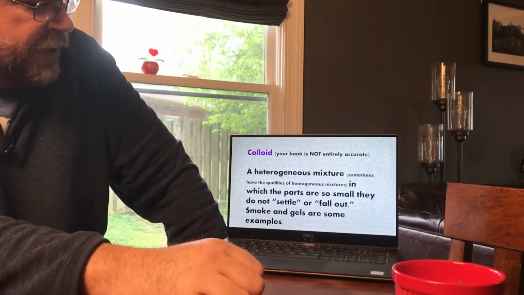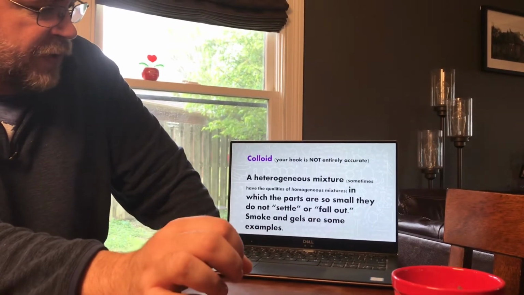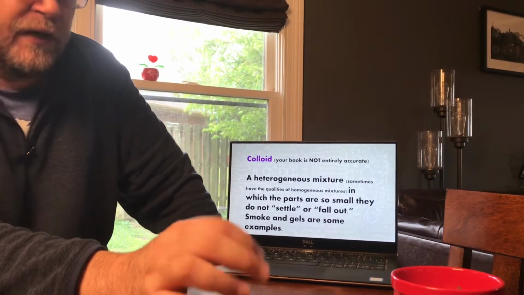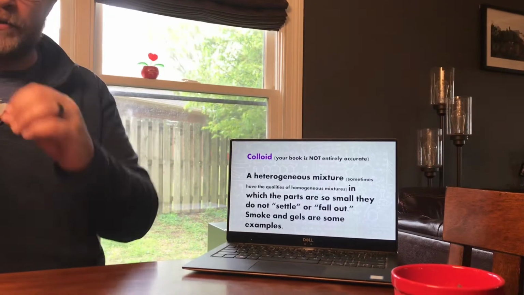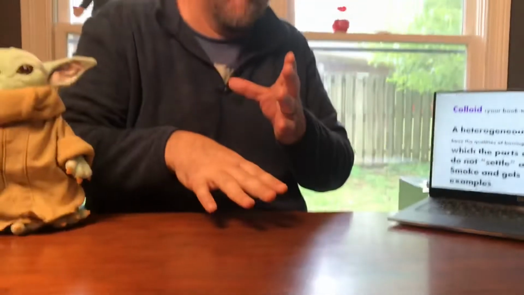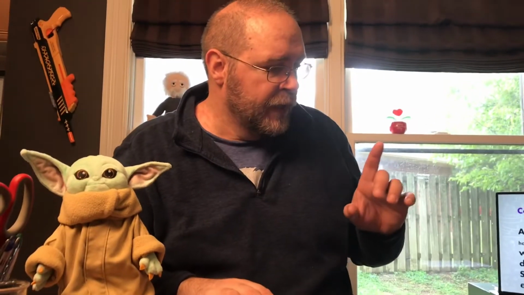This is a mixture in which all the parts are so small that they do not settle or fall out. In a suspension, those particles are big enough that they will fall out of the water. In a colloid, they don't settle, they don't fall out.